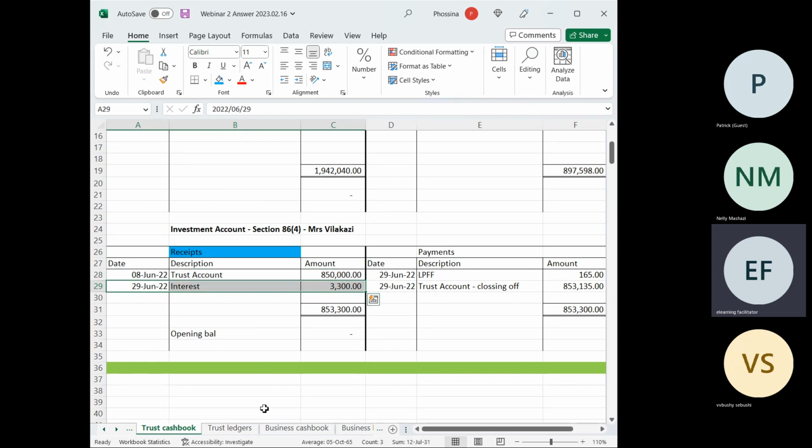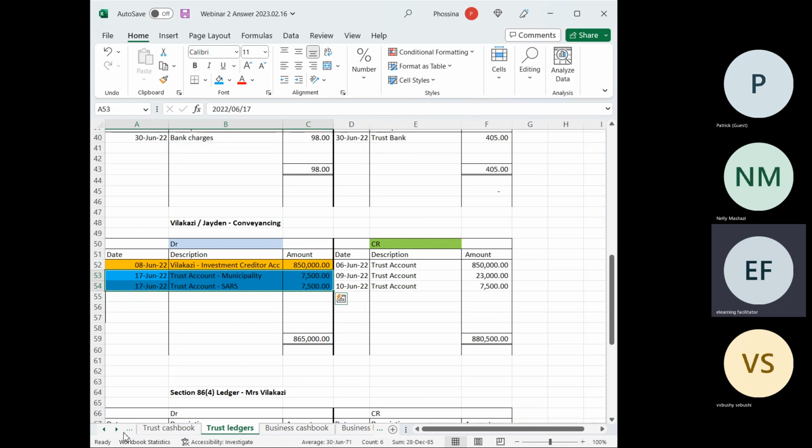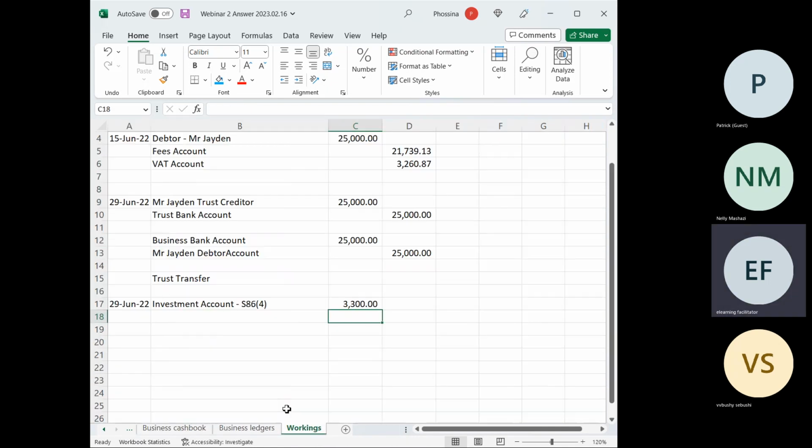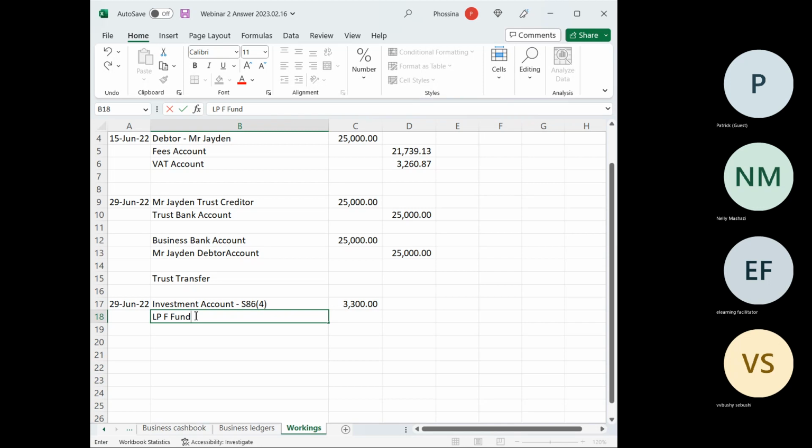Then we want to show, remember, we are told that 5% of the money is supposed to go to the fund. So on the credit side, we're going to credit the Legal Practice Fidelity Fund with the 5%.